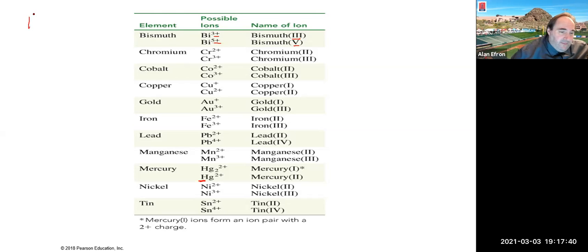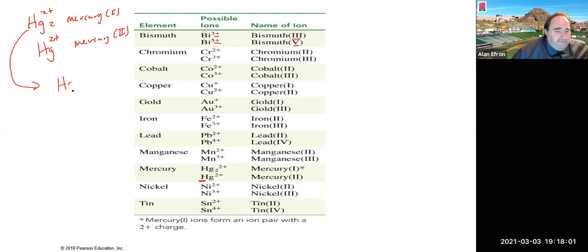Oddly, when you look at Mercury that has a lot of 2s in it, it's actually Mercury 1, while if you look at Mercury that has only one 2, it's actually Mercury 2. So Mercury is kind of a weird one. It's because this is really two Mercury 1s together.